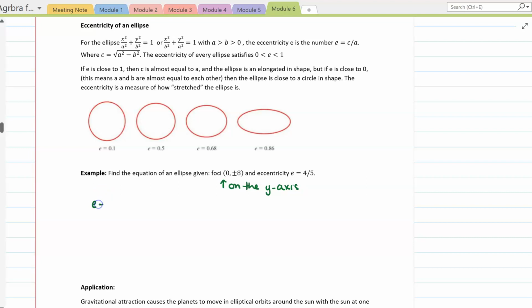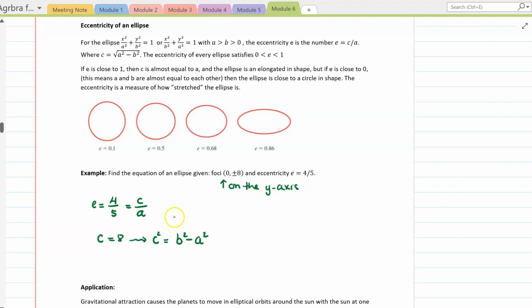So e is equal 4/5, equal to c over a. This is the ratio of c over a. It's not necessarily c over a. And we are given that c is equal to 8. So this is telling us that c squared is equal to b squared minus a squared.